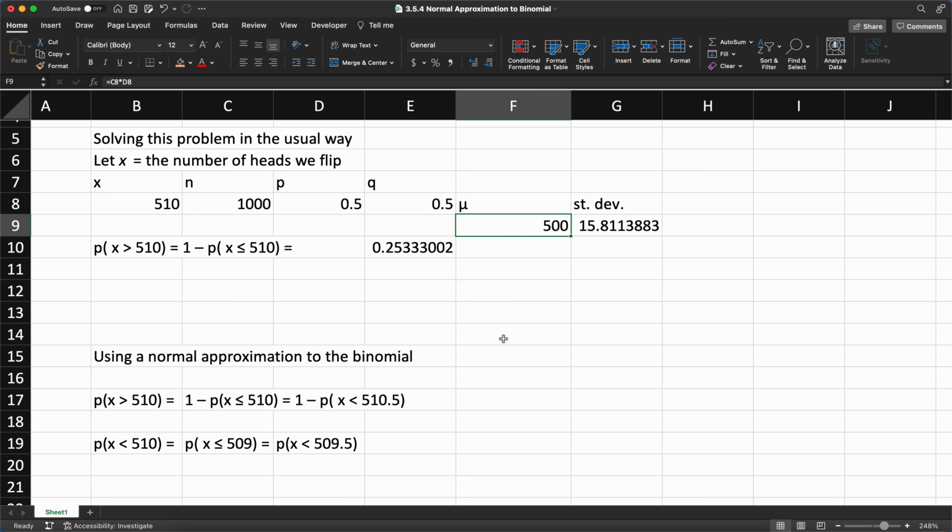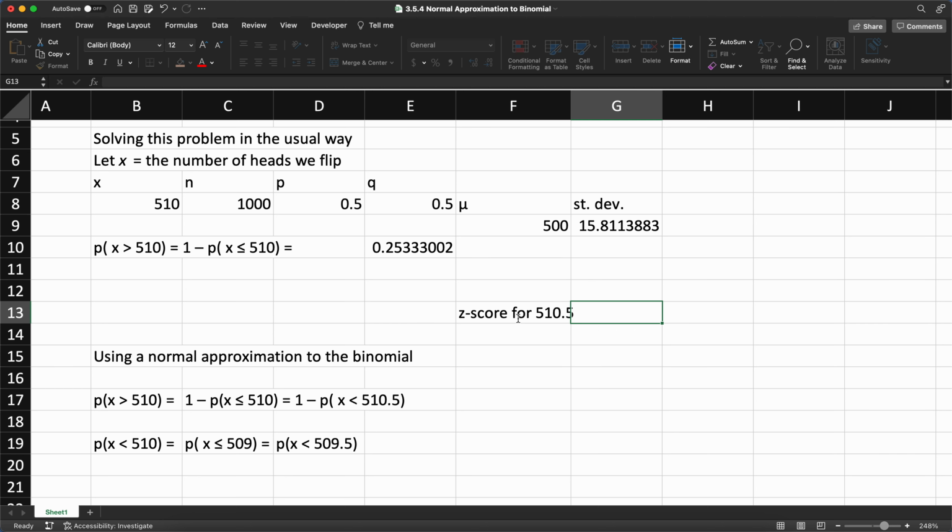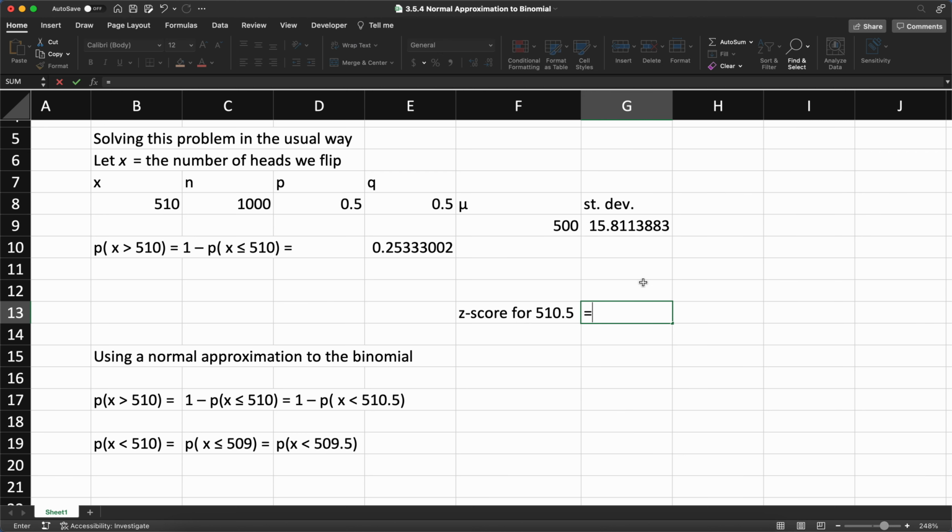And so what I'm going to do with these values now is find the z-score for the 510.5. So the z-score here is going to be 510.5 minus the mean divided by the standard deviation.